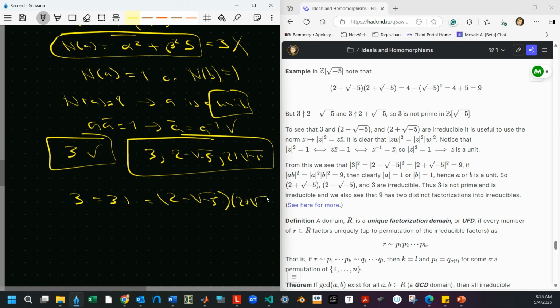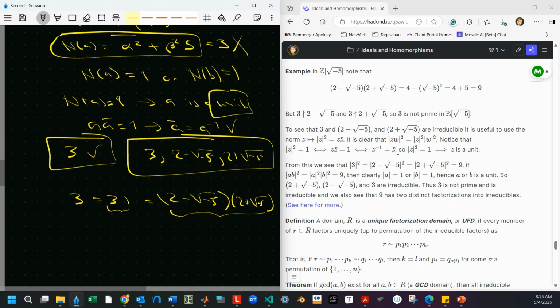These are two distinct ways of writing 9 as a product of irreducibles, right? So there's not a unique way of doing that, and that's going to be important in just a second.